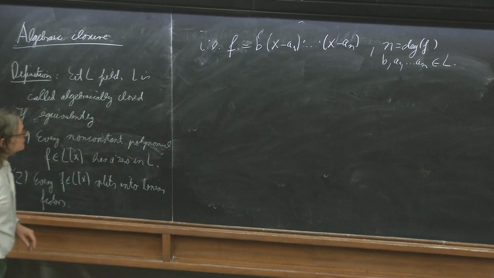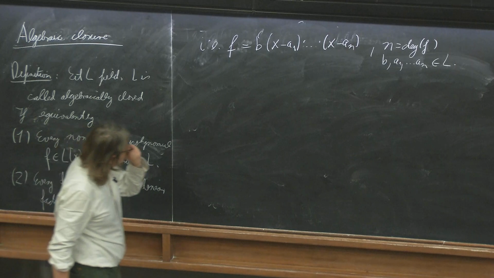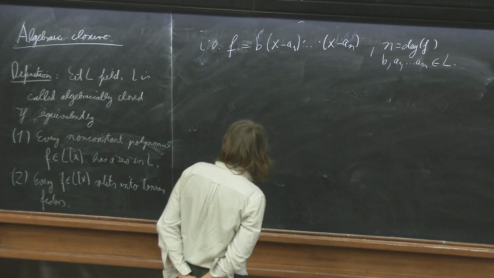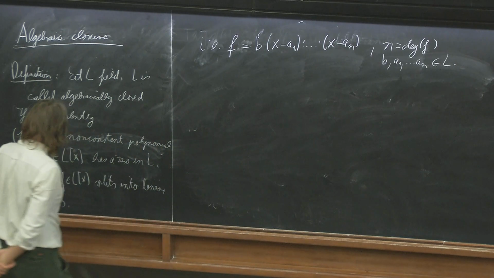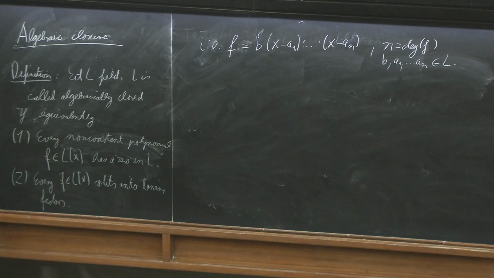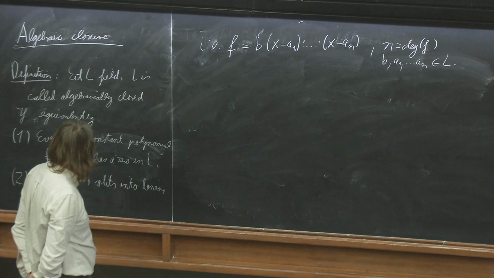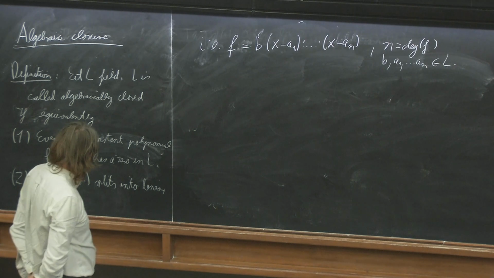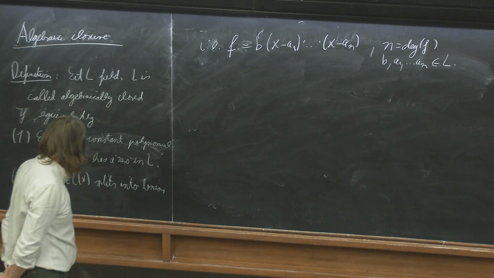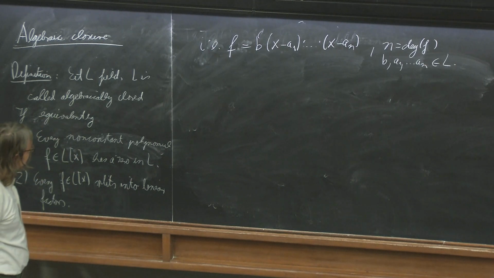So that means, in other words, all the zeros of f are in L. That means the field is algebraically closed if we can solve every algebraic equation given by a polynomial, just staying inside L.